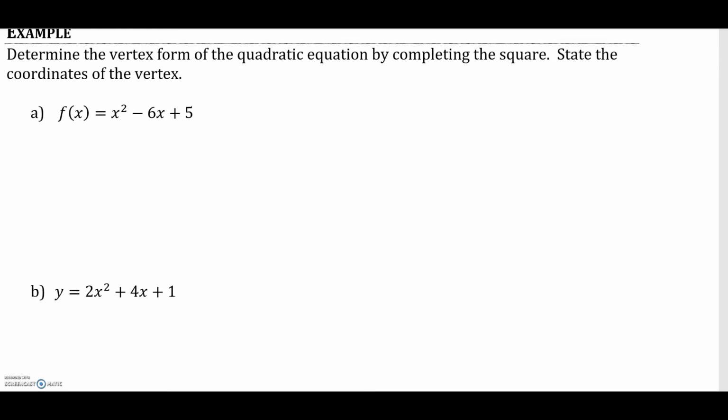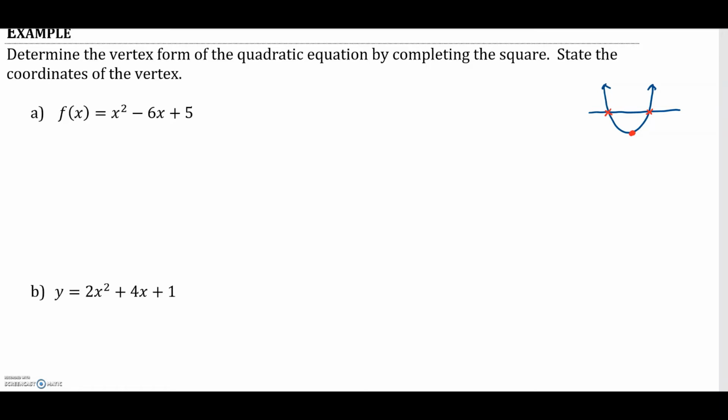Now let's do some examples to determine the vertex form of a quadratic equation by completing the square and then stating the coordinates of the vertex. It's worth noting that we could have described the vertex in another fashion here. If we knew what our roots are, say we have some x-axis and two roots, we know that the vertex must exist halfway between the two roots because of the symmetric nature of a parabola.